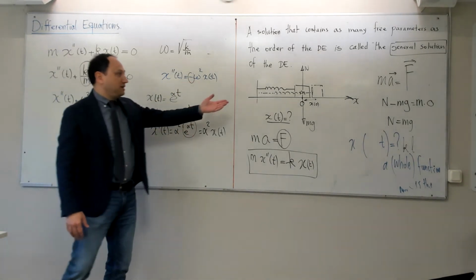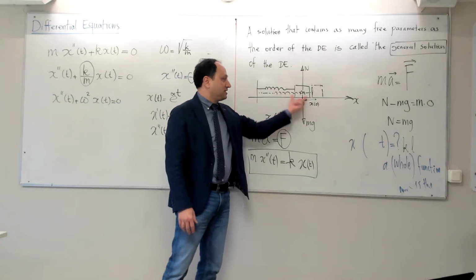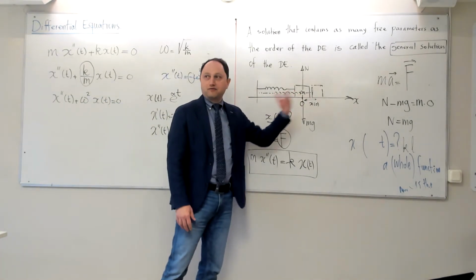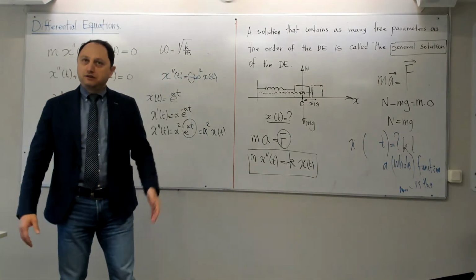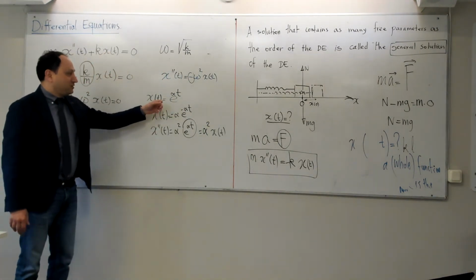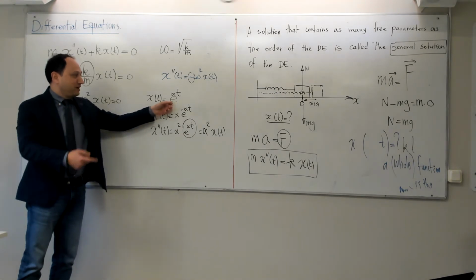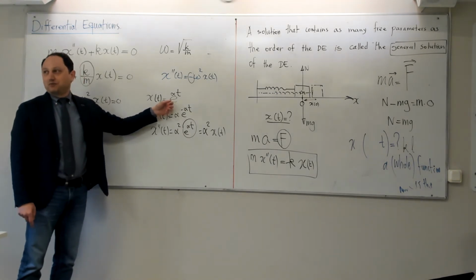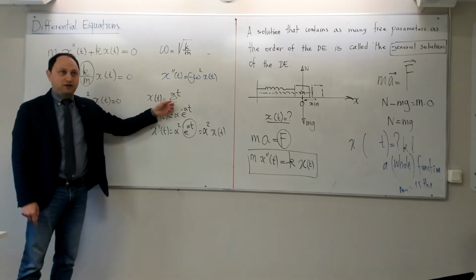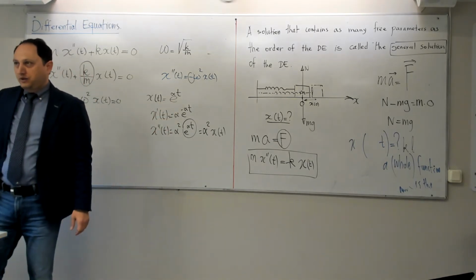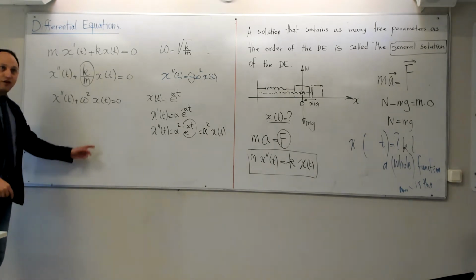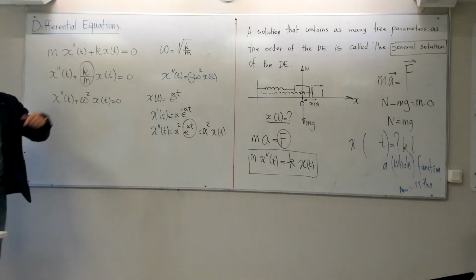We immediately, intuitively, realize this system will oscillate back and forth. And this means that it repeats its pattern. It means it's periodic. So now you realize, even from a mathematical point of view, that was not a good guess, because this exponential function is not periodic. If you remember the graph, it goes up or it goes, I don't know, the other way around. But sine function goes up and down. So that's a good choice.